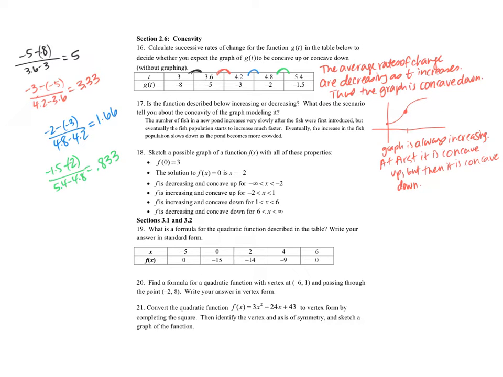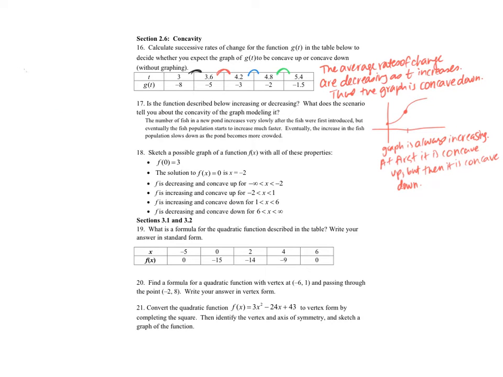All right, so on the next one, I want a graph of a function with all those properties. Okay, so let me erase to get some space here and see what we can do. So the graph needs to have f of 0 equals 3. So let's see here. Let me look at the size.